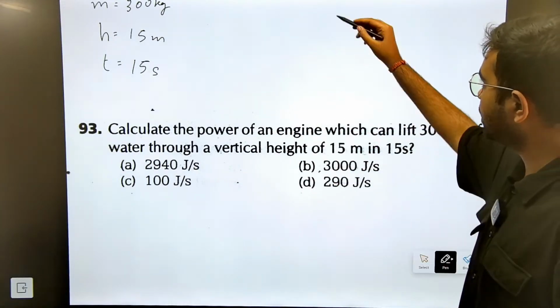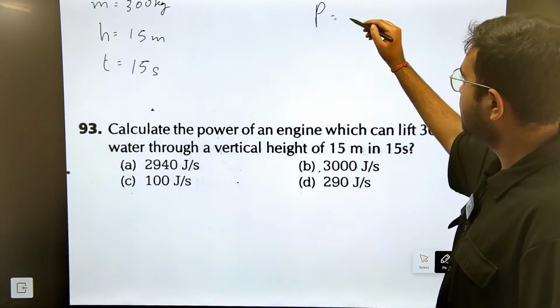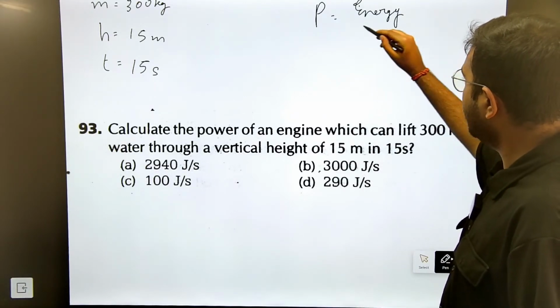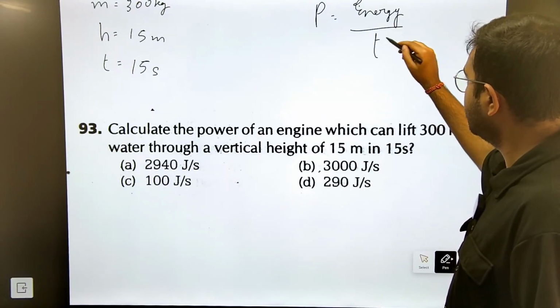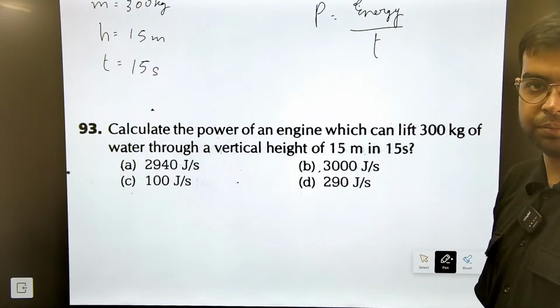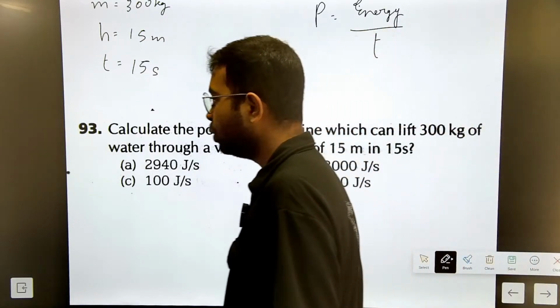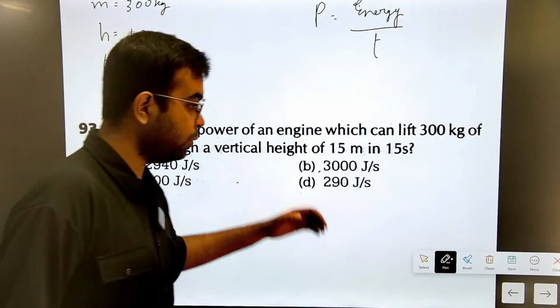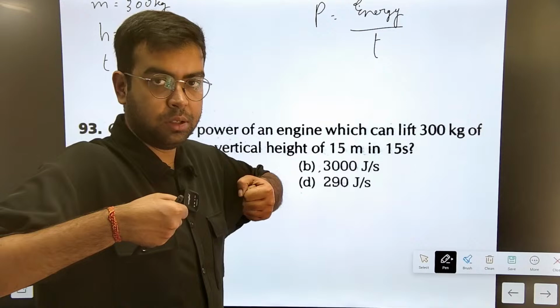Okay? Now power is equal to energy by time. This is the formula of power. Power is equal to energy by time. Okay? Now what kind of energy are we using here? When we are lifting something.